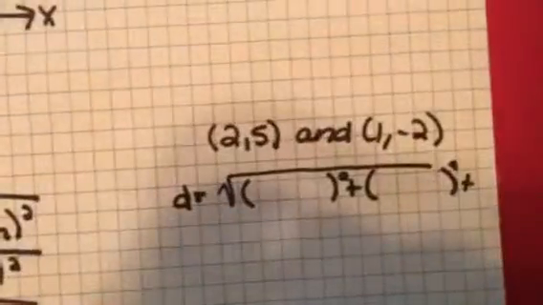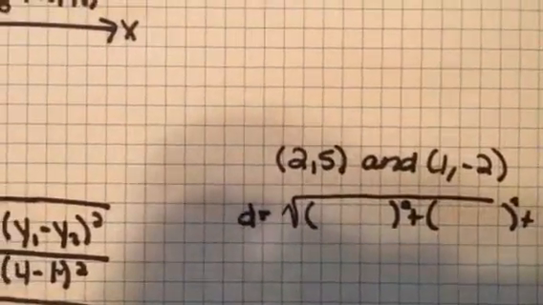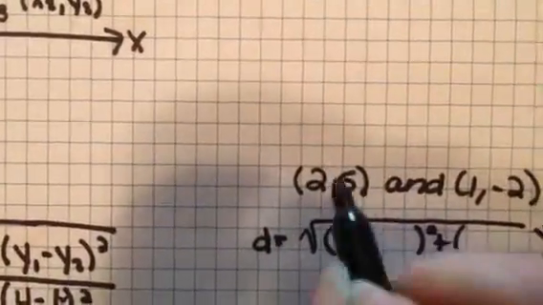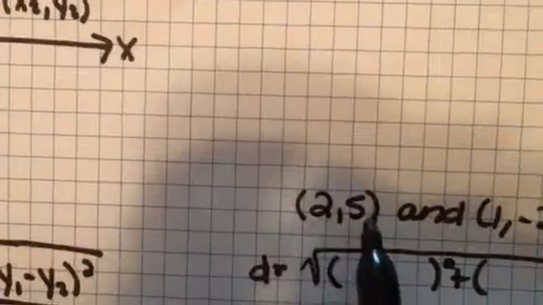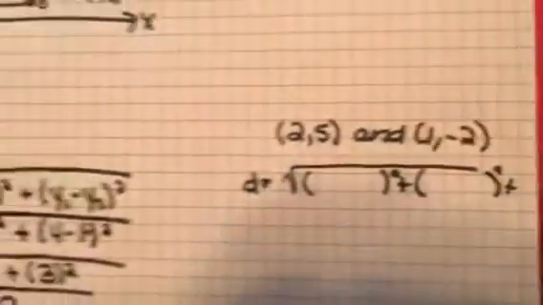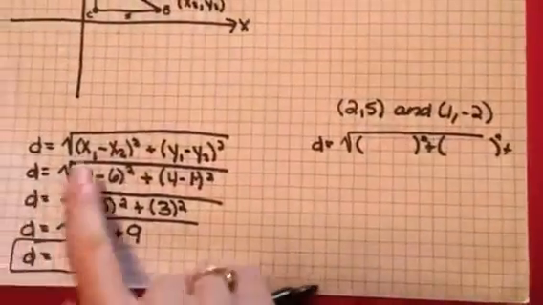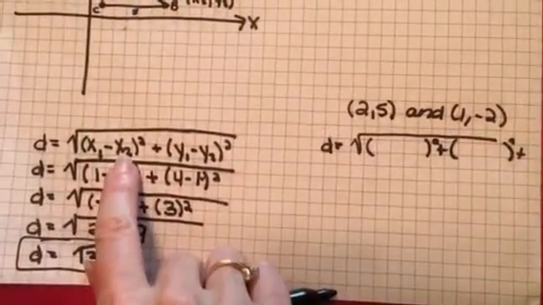Okay, so over here I have it written out. There's (2, 5) and (1, -2). We know that this here is point 1, and this here is point 2, and we know that this is x and y, x and y. For my formula, I need the x value for my first coordinate minus the x value for my second coordinate.